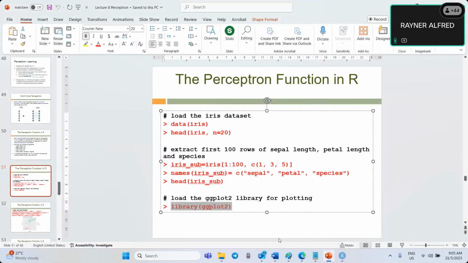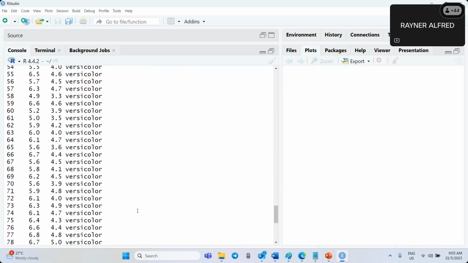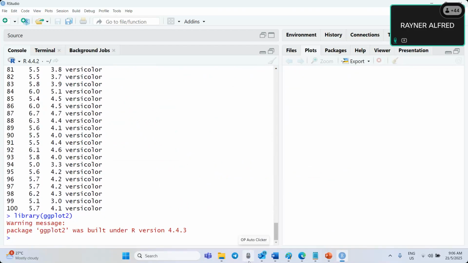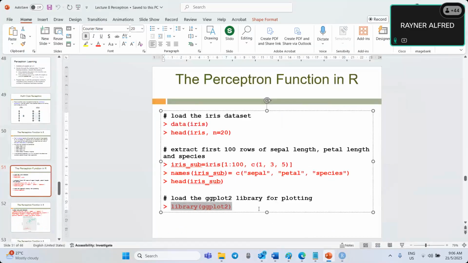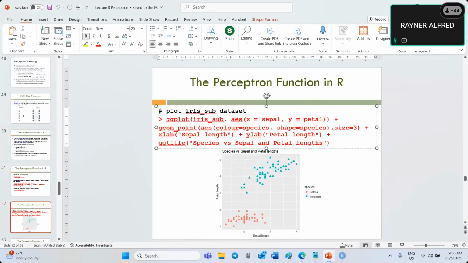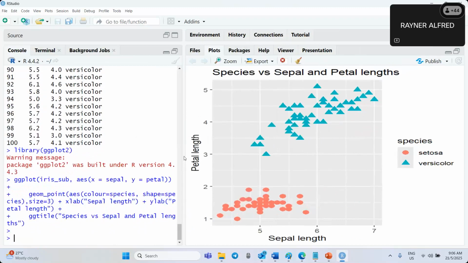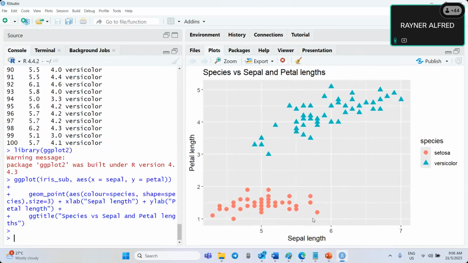Okay, and to plot them, we use ggplot2. It's okay, it's a warning. So this is our plot.